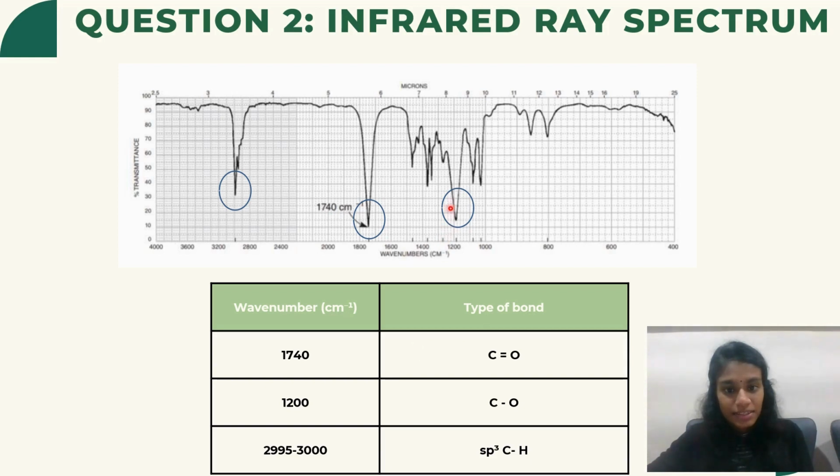Next, around 1200, there is also a sharp peak which shows the C-O bonding, which we can also identify as the presence of the ester. Around the wave number less than 3000, there is also a peak depicted. It has the bond of sp3 C-H, where it can also be known as an aliphatic ester.